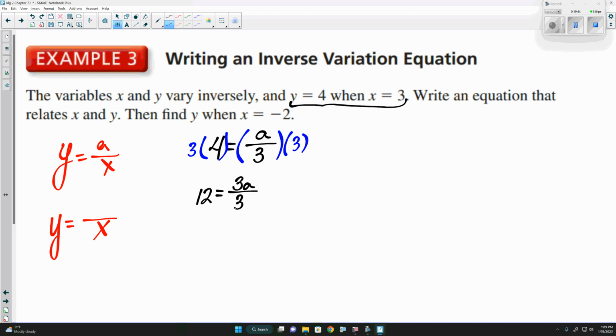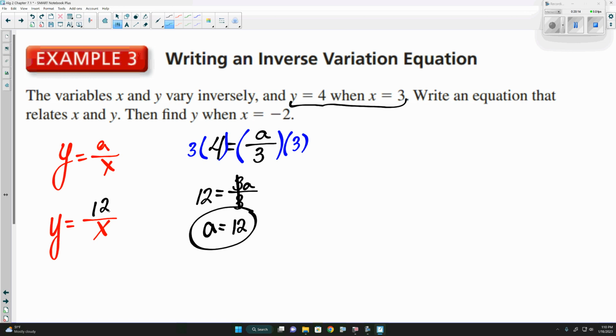So we end up with 3a over 3. Anything divided by itself is 1. So these simplify out, leaving us with a by itself, which is equal to 12. Now, most of the times when we do the multiplication of 3 on both sides, our a over 3 just becomes a because we've gotten so used to canceling those out. But I feel like it's a good reminder every now and then to remind ourselves why it works.